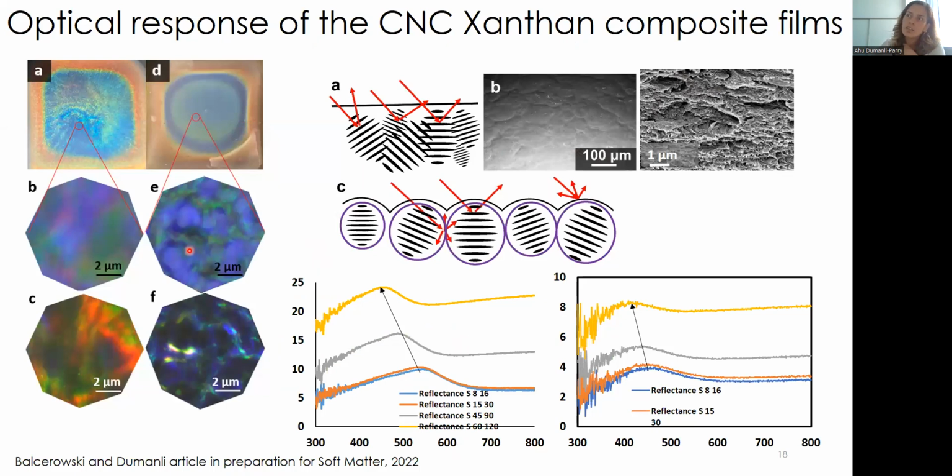As I said, the striking part was the cellulose nanocrystals are forming quite regulated areas of organization, and in between we see the xanthan is forming a heterogeneous phase, which we are able to see in the dark field microscopy as well.